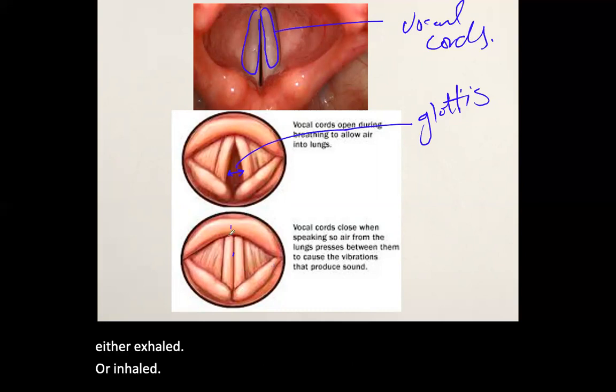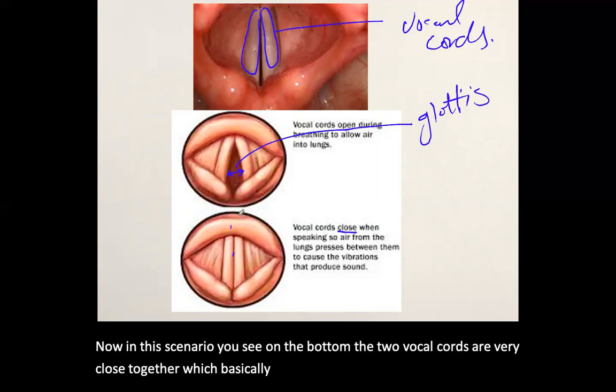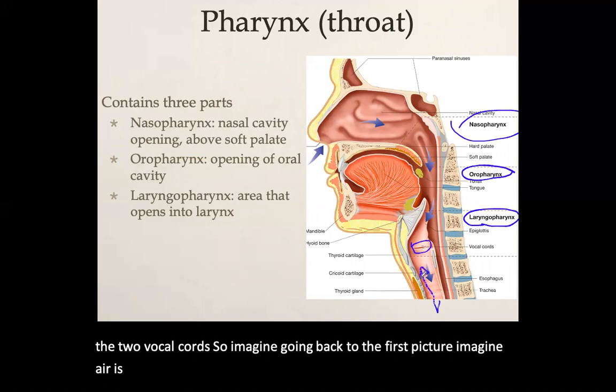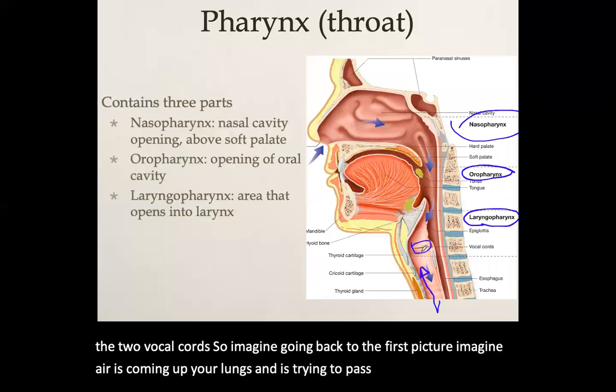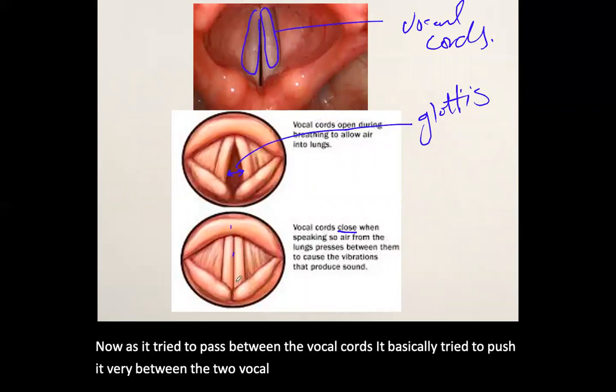Now, in this scenario, you see on the bottom, the two vocal cords are very close together, which means almost no gap exists between them. So imagine, going back to the first picture, air is coming up from your lungs and it's trying to pass between your vocal cords. As it tries to pass between the vocal cords, it pushes its way between them, causing these two structures to vibrate.